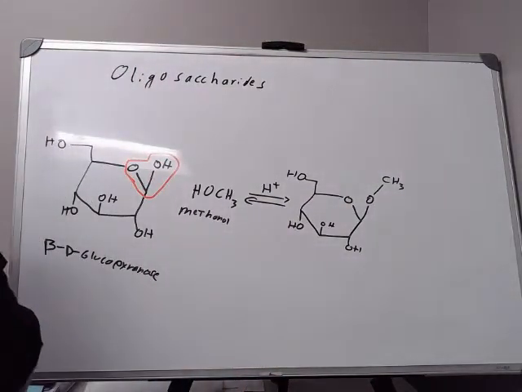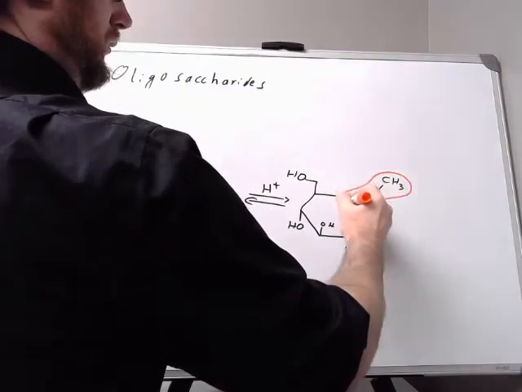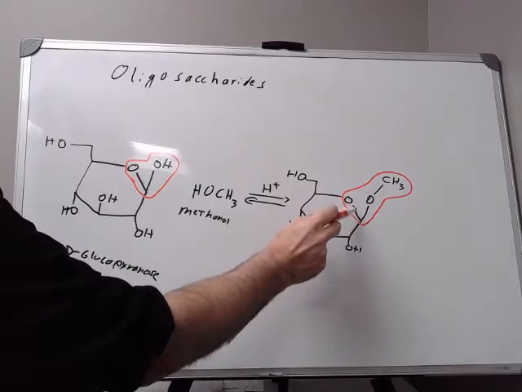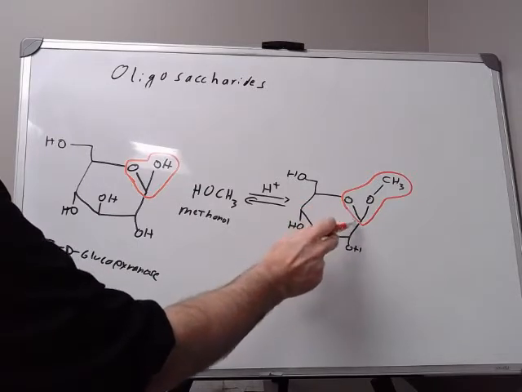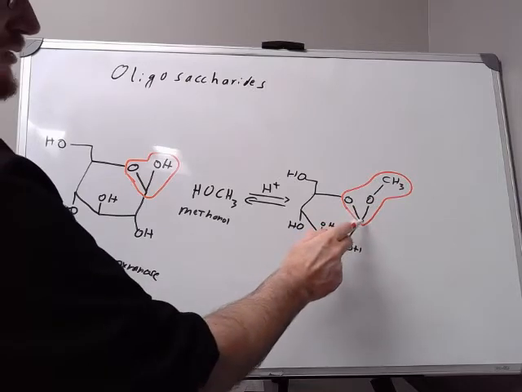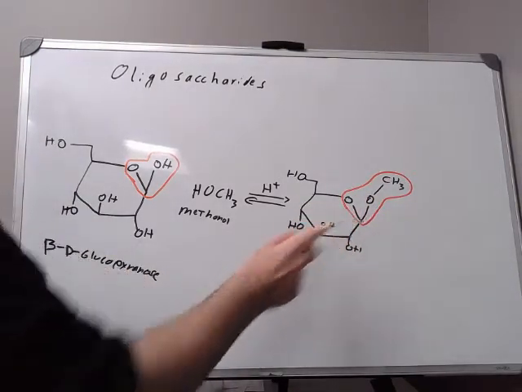And so now our acetal becomes this group here. We have this oxygen that's like an ether because it joins these two carbon atoms, and they're both attached to the same central carbon atom.